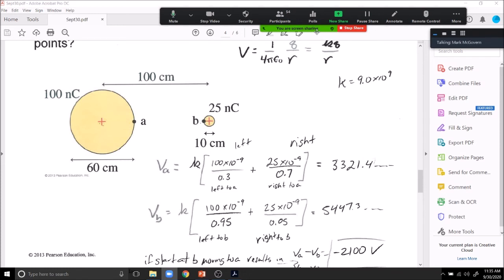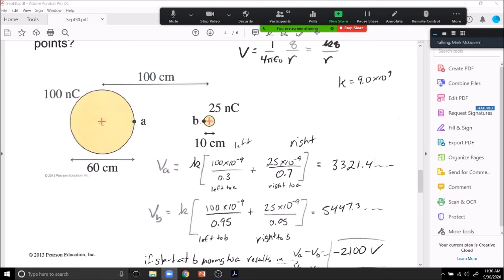So if I were to put down a positive charge anywhere between A and B, we could see it would go to the left, because the left is the direction of decrease in potential, and that would be the direction of the electric field, in this case.